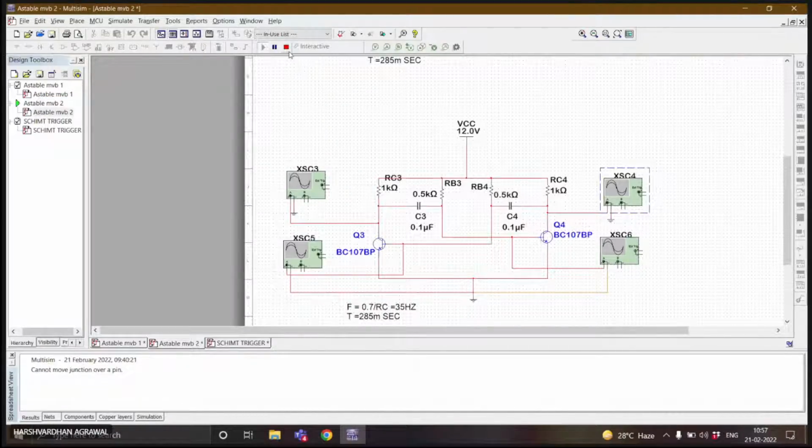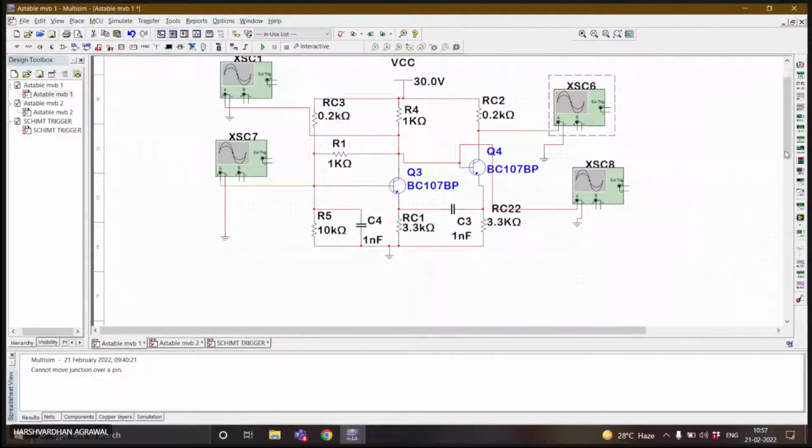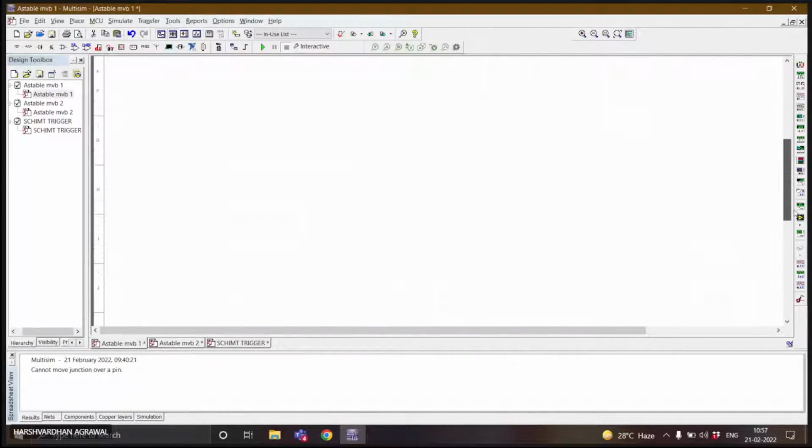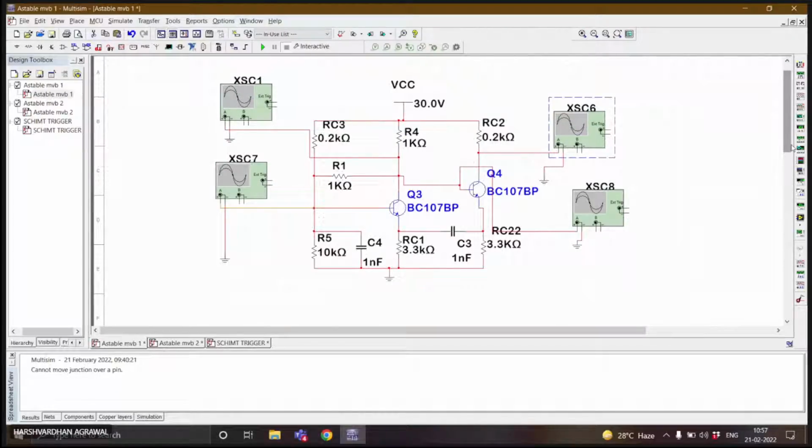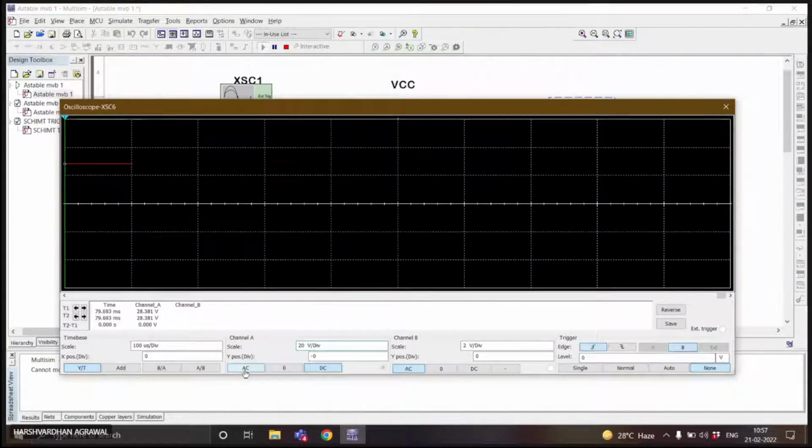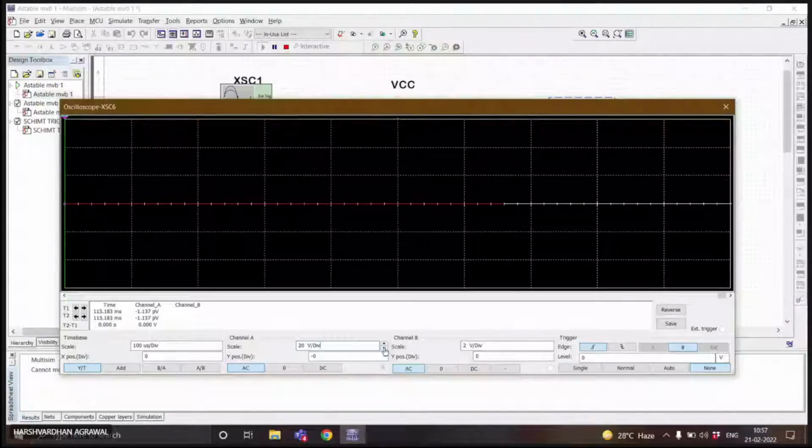Ma'am, in the lab manual, they gave one more circuit. I tried that one also. Okay, so for this circuit, are you getting some results? Yes, ma'am, a little bit. It's better than before. No, ma'am, it's same.